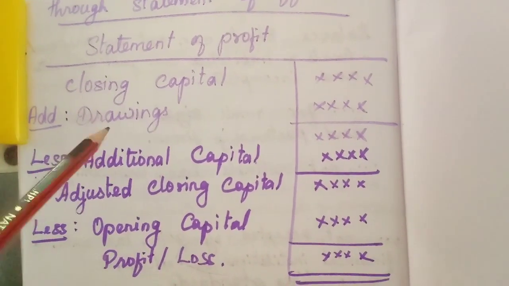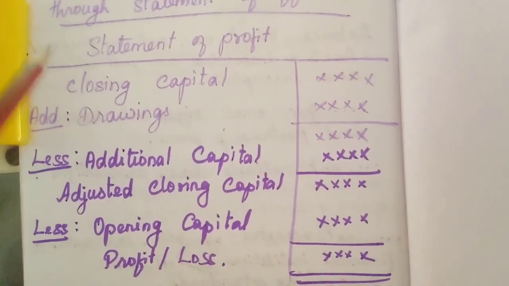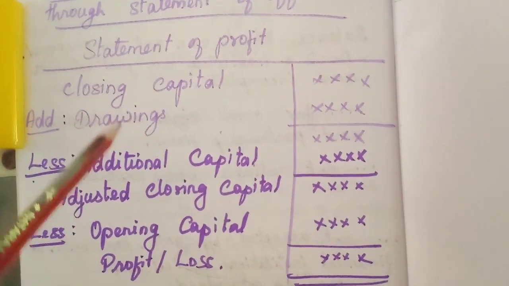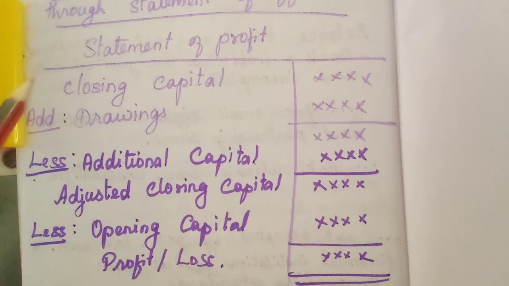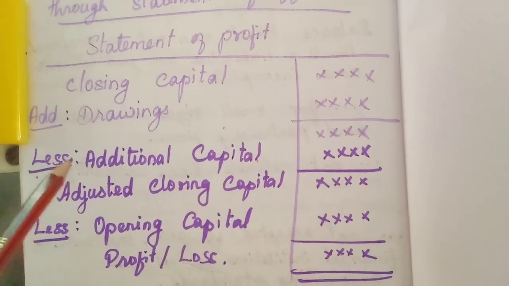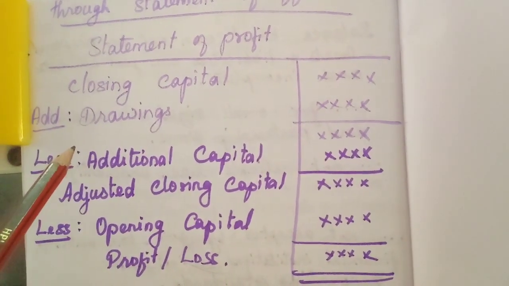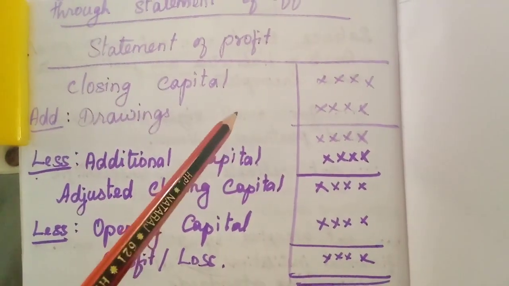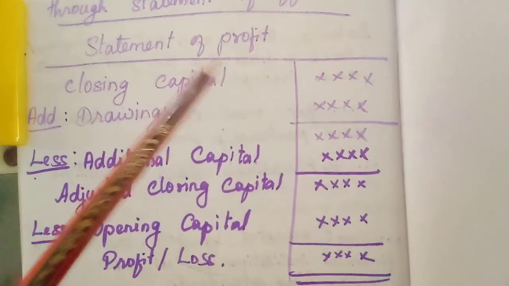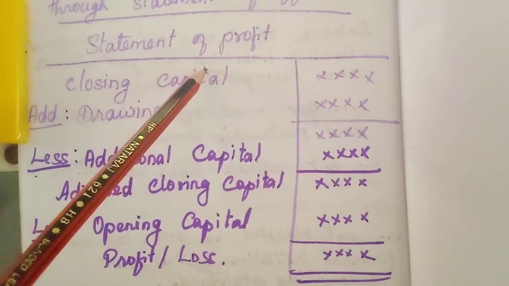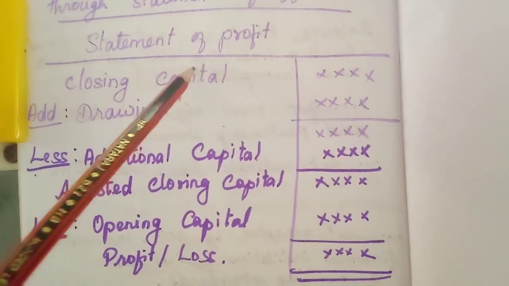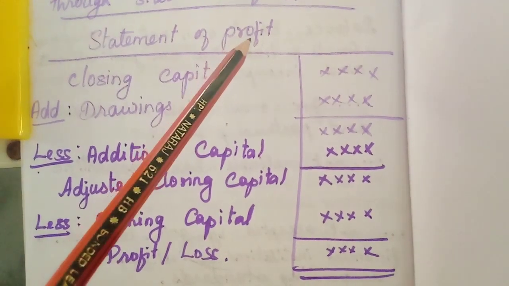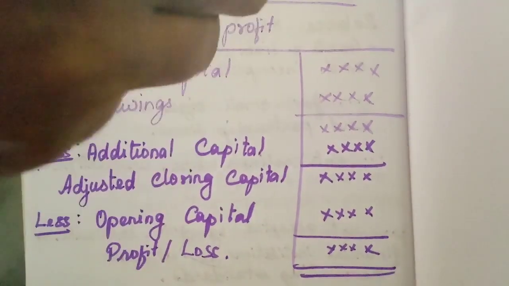Since we are calculating the profit from the statement of affairs, it is also called the statement of affairs method, and capital is also called net worth. So we can say net worth method. That we can see written here.